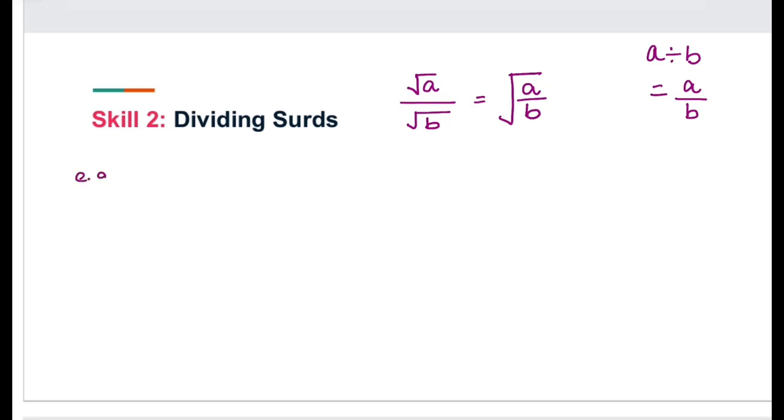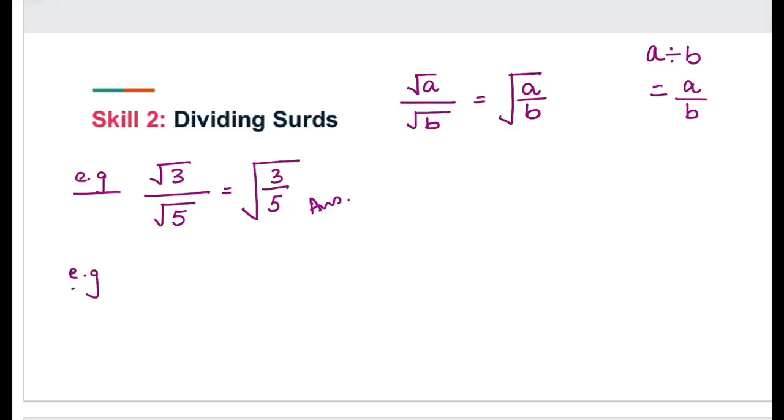So fraction and division is kind of the same thing here, right? So let's do example 1. Let us suppose we have square root of 3 divided by square root of 5, right? So that will give us square root of 3 over 5, right? So you can leave that as an answer. So next one, let's do square root of 2 over square root of 6.